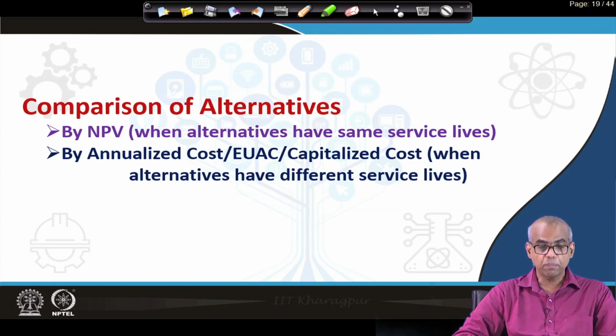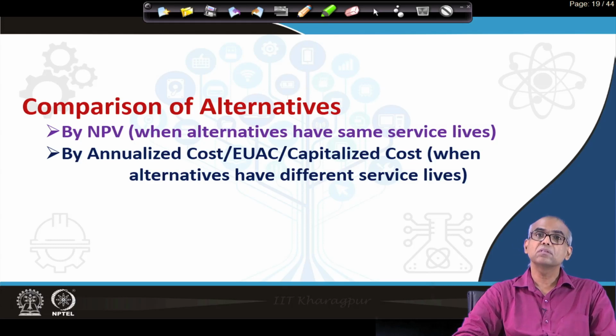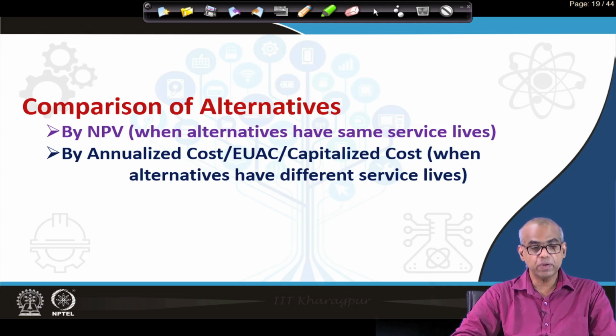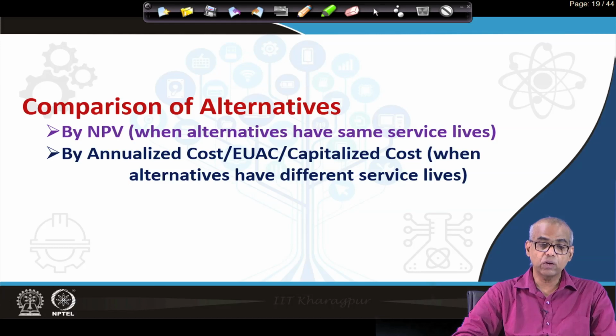Now, we talk about comparison of alternatives. We will talk about comparison of alternatives by two different methods: net present value, which we will use when alternatives have the same service lives, and the annualized cost method, or equivalent uniform annual cost, or capitalized cost, which we will use when alternatives have different service lives.